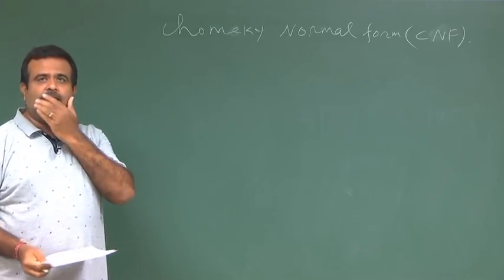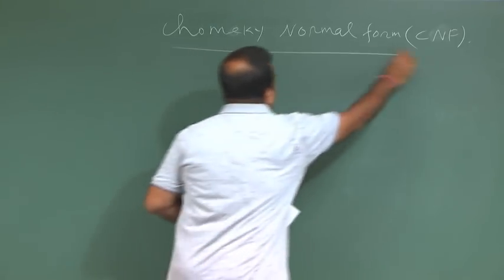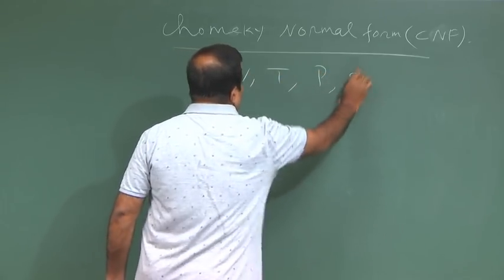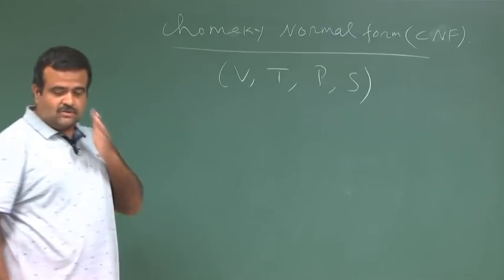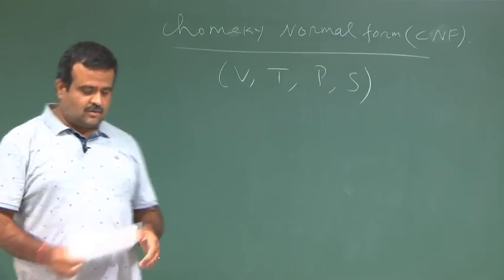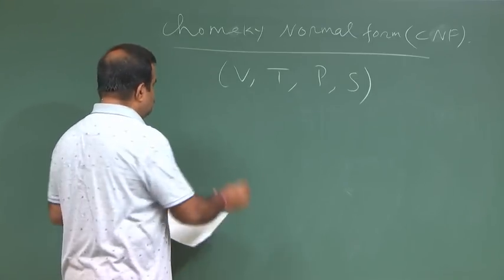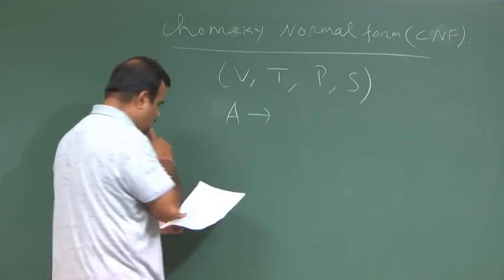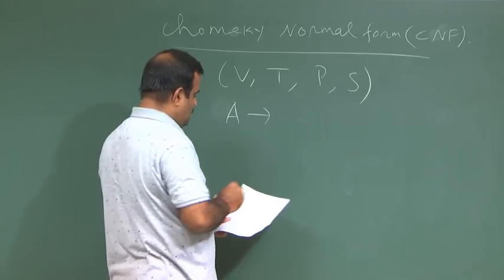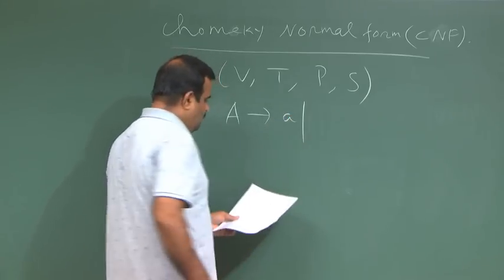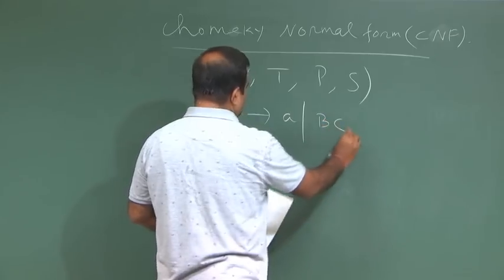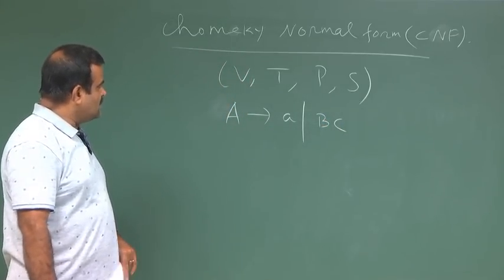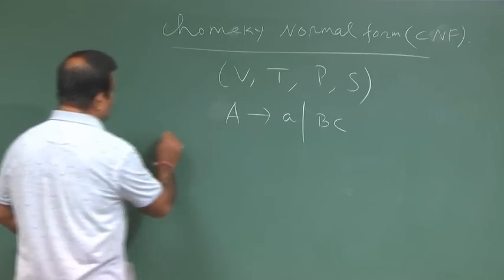So, normal form means this is the grammar we have, V, T, P, S. Normal form means this P, the productions, will be in some particular form. So, for this case production will be of this form: A is going to a, or A is going to B C, where B and C are two variables and a is a terminal.